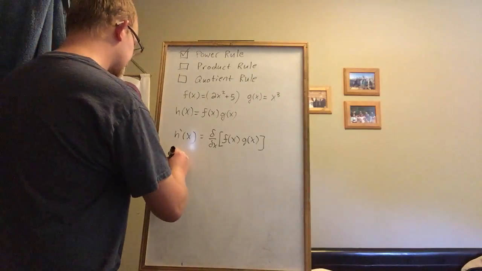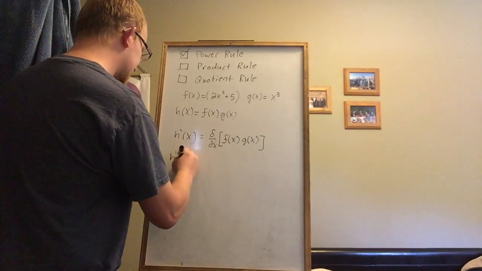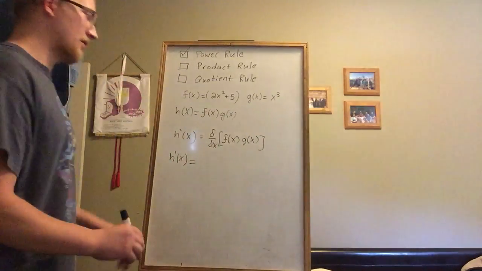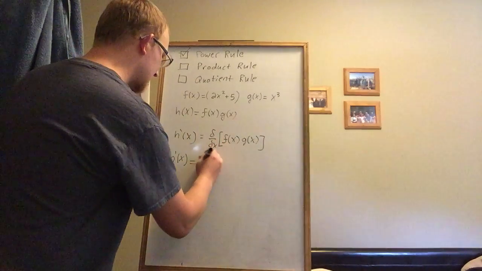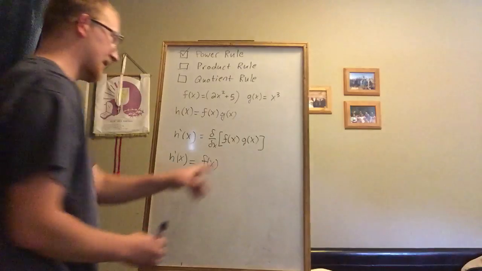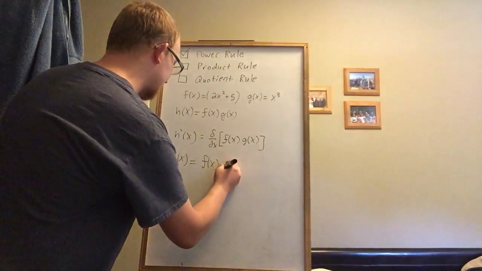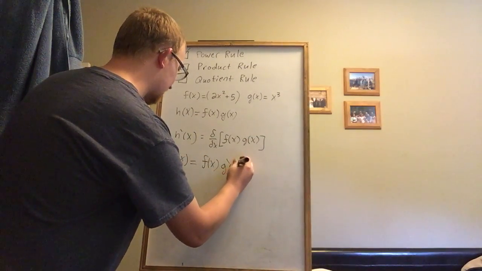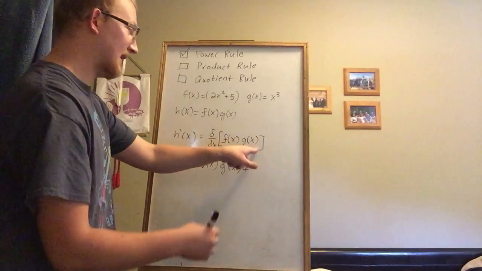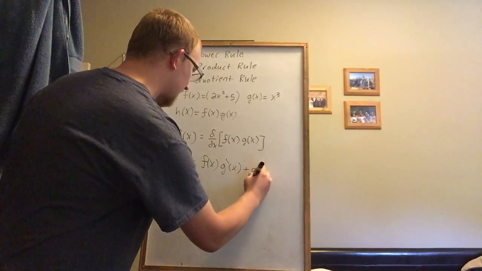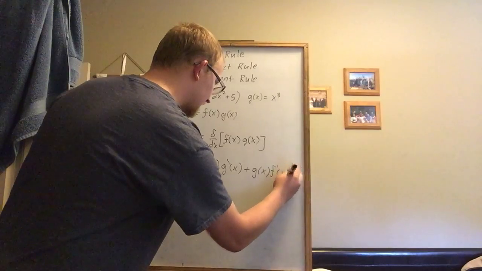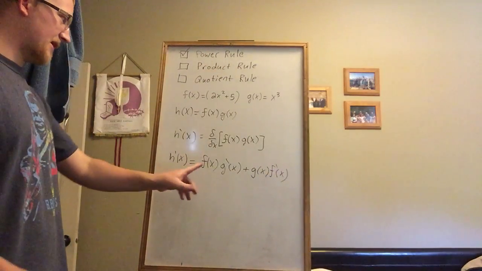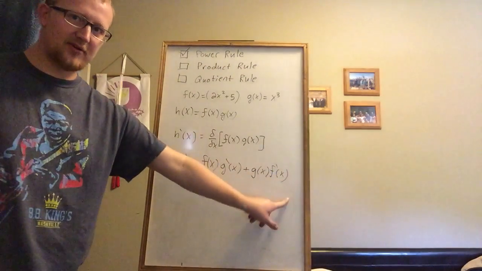And the saying is this. It goes, first d second. What do I mean by first d second? I mean the first function, f of x, times d second, which is the derivative of g of x, or g prime of x, plus second d first. So g of x times f prime of x. Alright, so we got first d second plus second d first.